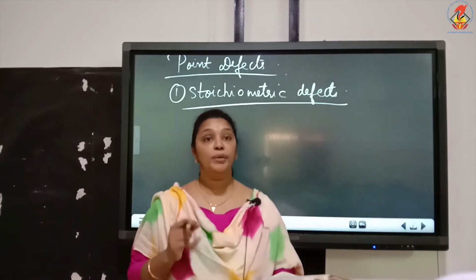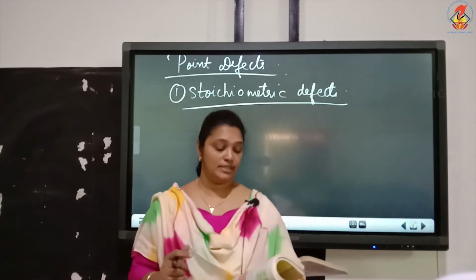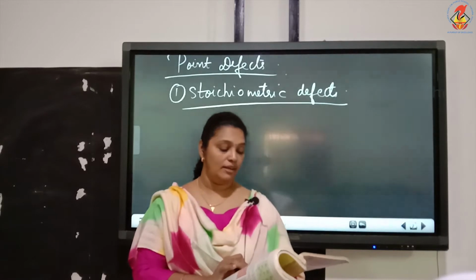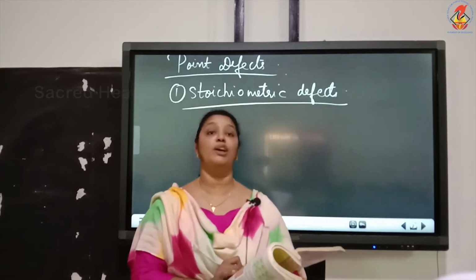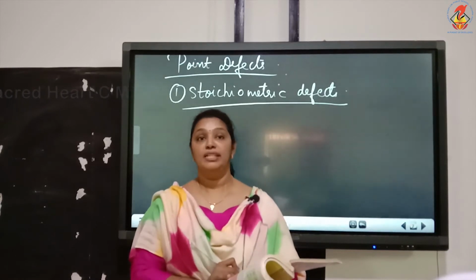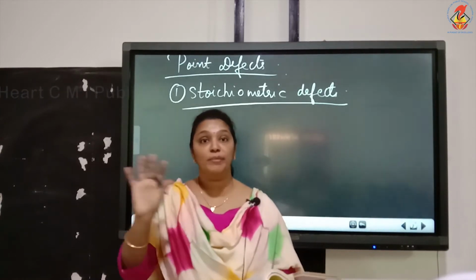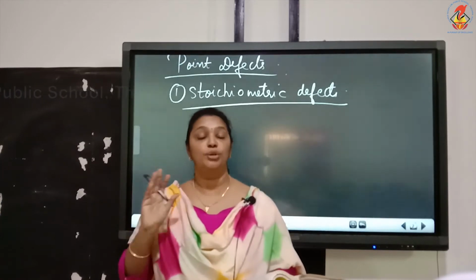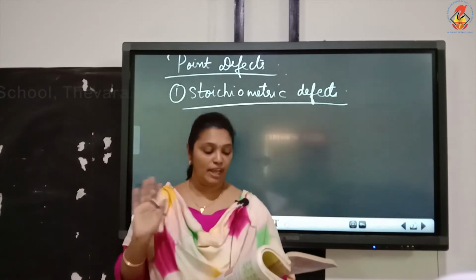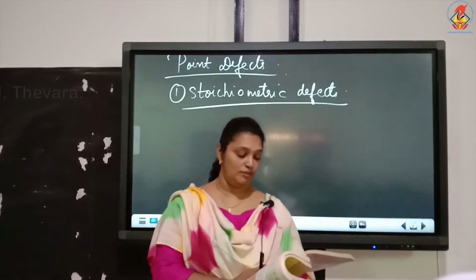Now, what do you mean by stoichiometric defect? Stoichiometric defects are point defects that do not disturb the stoichiometry of the compound. So, in stoichiometric defect, the ratio of the number of positive and negative ions will not change. It will not disturb the stoichiometry of the compound.